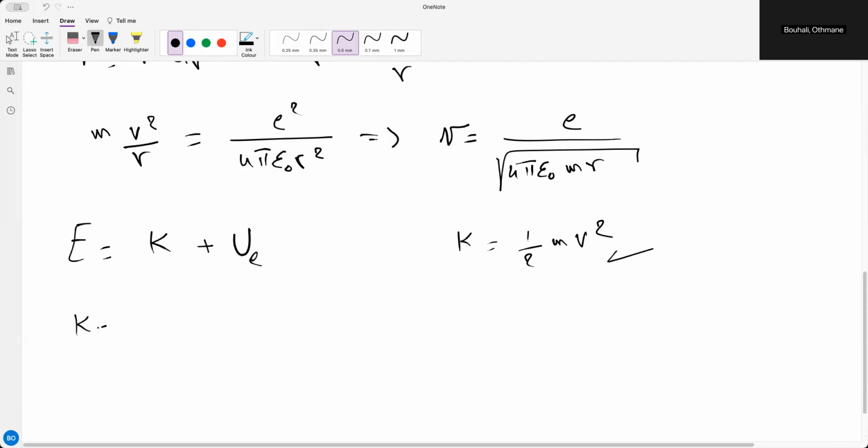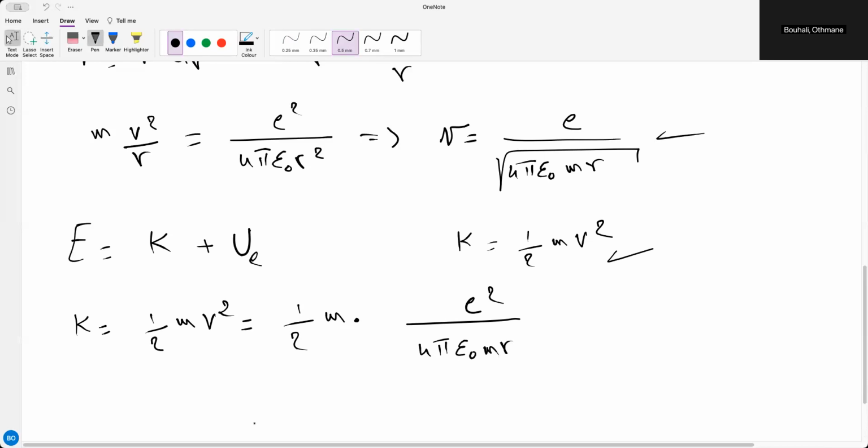So the kinetic energy is equal to 1/2 m v squared, where v squared is given by this, so it will be e squared over 4 pi epsilon 0 m r. This will give e squared over 8 pi epsilon 0 r. So this is the kinetic energy.